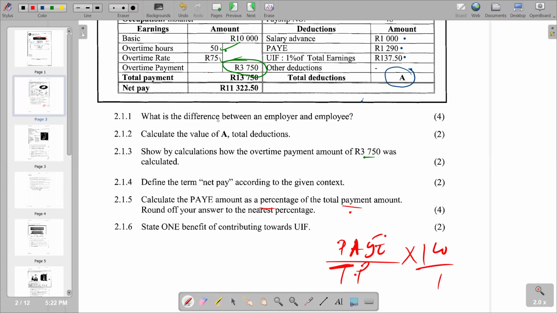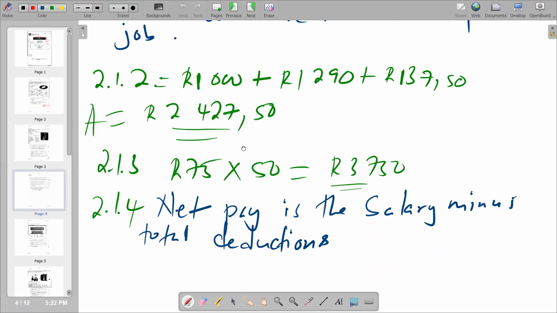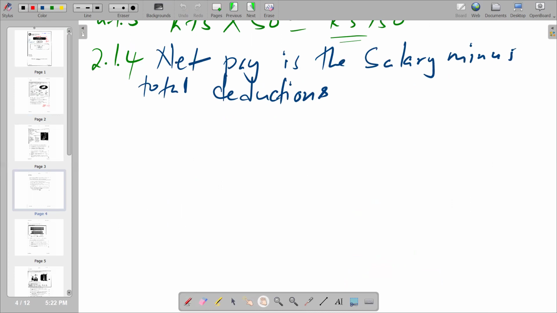If you look there, the PAYE we are given is 1,290, and total payments we are given there as 13,750. So basically, that's what we're going to come up with. We are now saying it's our 2.1.5.